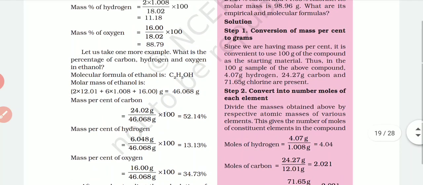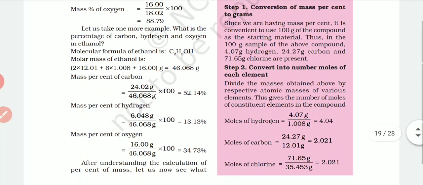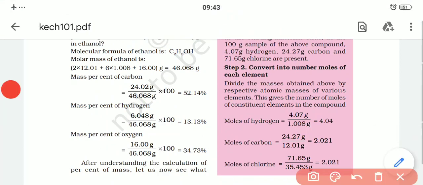So how do we find the moles? Divide the given weight by its molecular mass. For moles of hydrogen, given mass is 4.07, molecular mass of hydrogen is 1.008, it is 4.04.